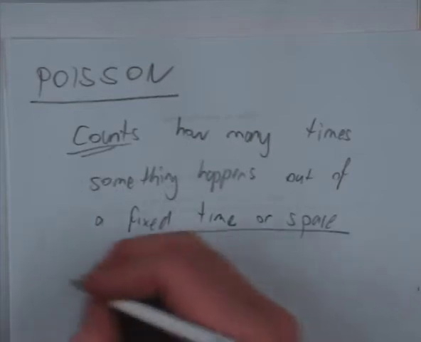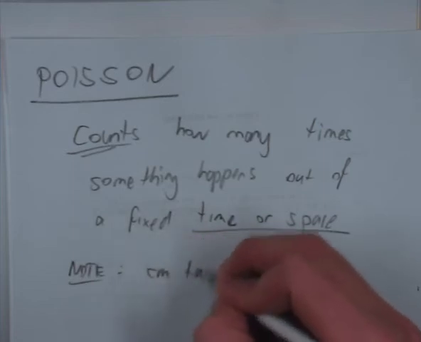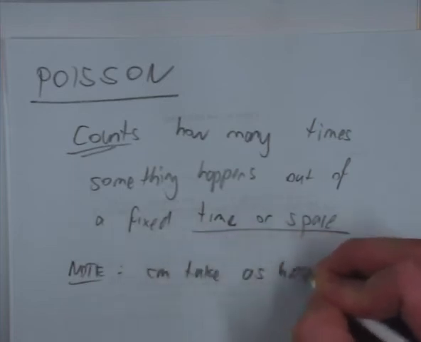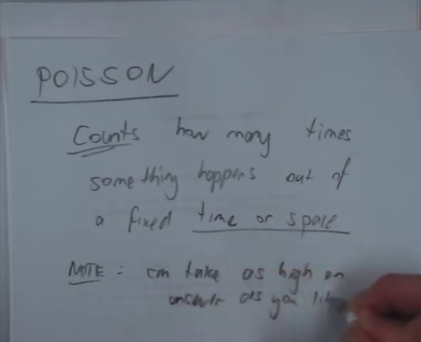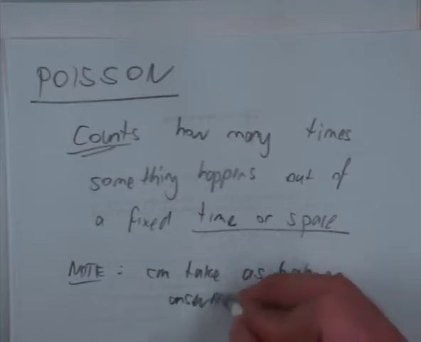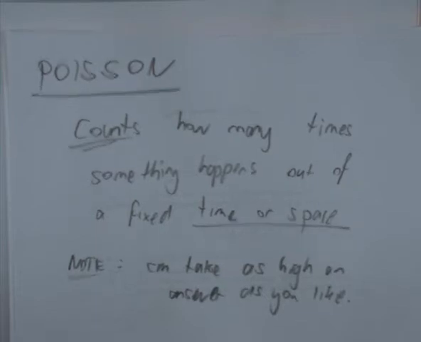Note: it can take as high an answer as you like, but of course the bigger the number, the lower the probability. It's much less likely to see 200 of something than it is to see 20 of something in a certain amount of time.